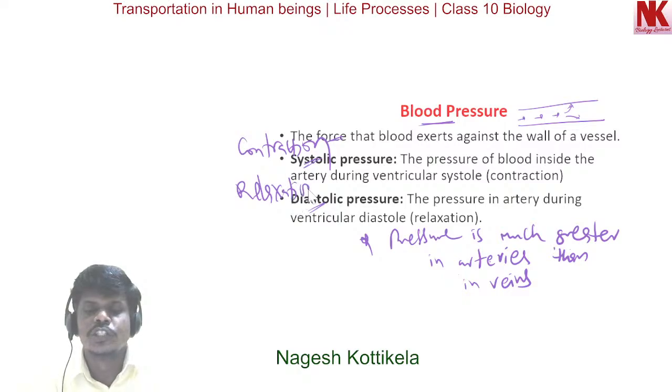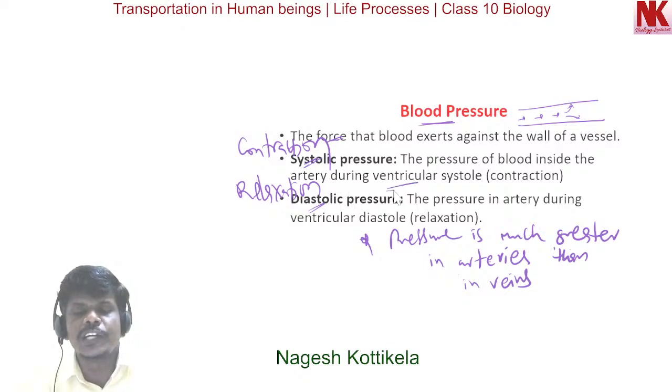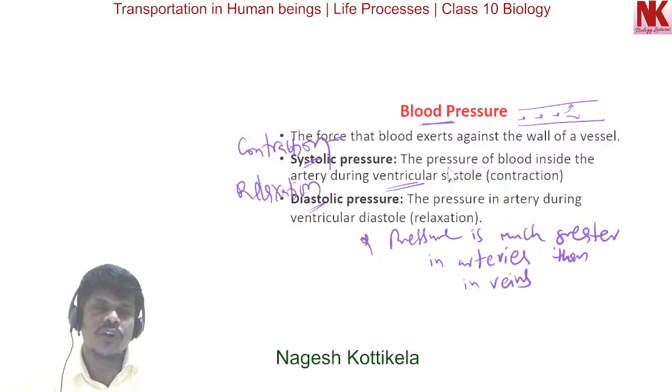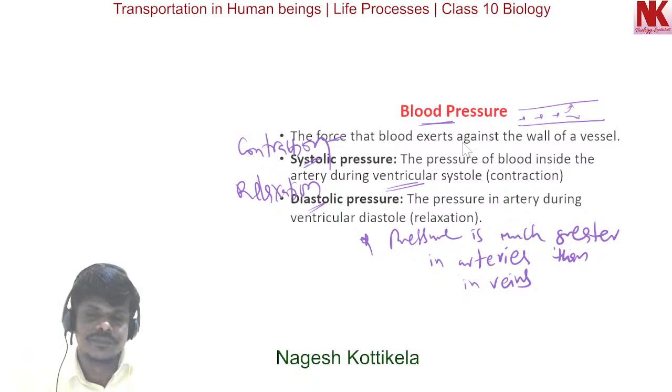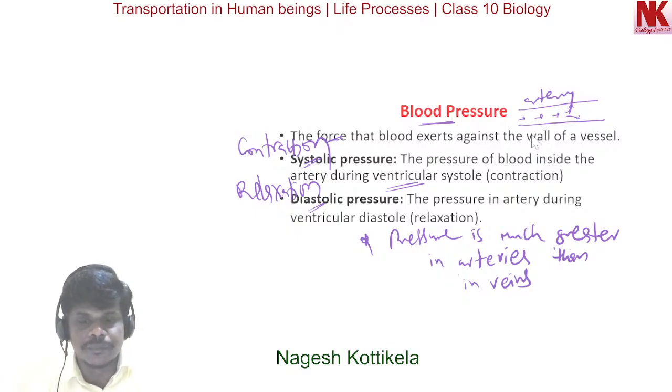Systolic pressure is the pressure of blood inside the artery during ventricular systole, when the ventricles contract. Let us assume this is the artery. When the ventricle contracts, the pressure of blood inside this artery is called systolic pressure.